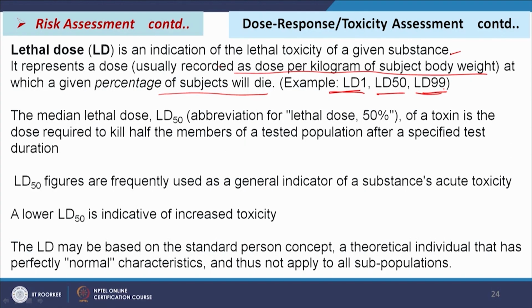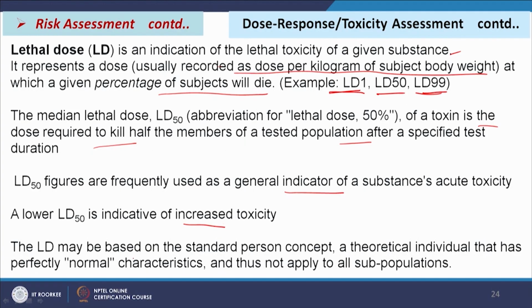So, the median lethal dose, LD50, the abbreviation for lethal dose 50%, of a toxin is the dose required to kill half the members of a tested population after a specified test duration. LD50 figures are frequently used as a general indicator of a substance's acute toxicity, and a lower LD50 is indicative of increased toxicity.